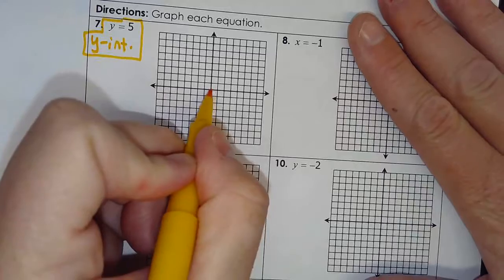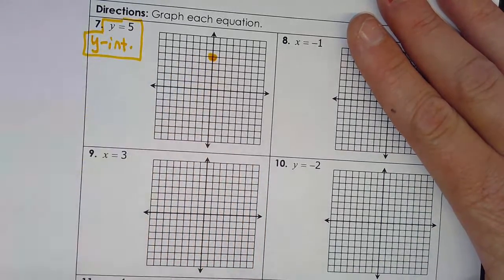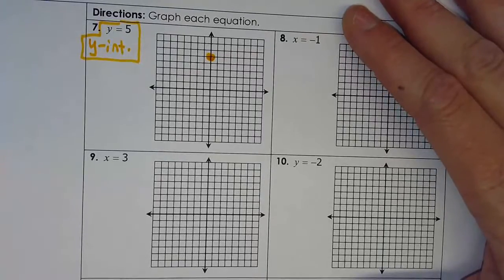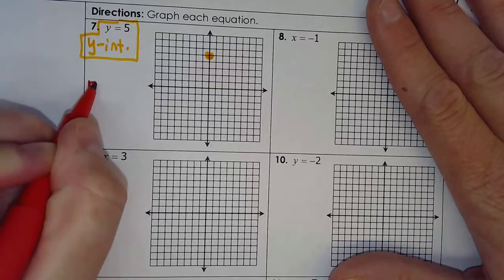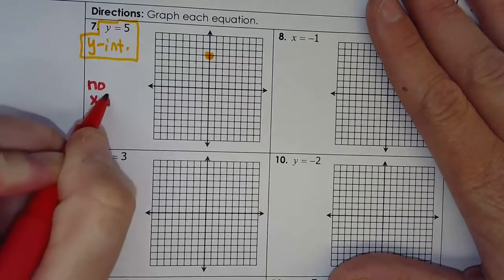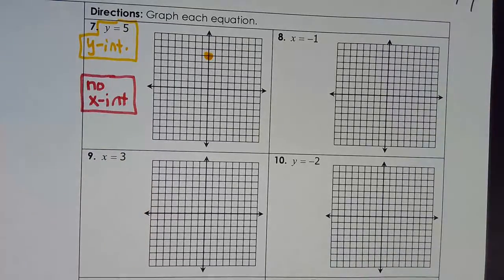So I go up to 5 on the y-axis, 1, 2, 3, 4, 5. Do you see how there's no x at all in this equation? That means that there is no x-intercept. That means that your line will not ever cross the x-axis.